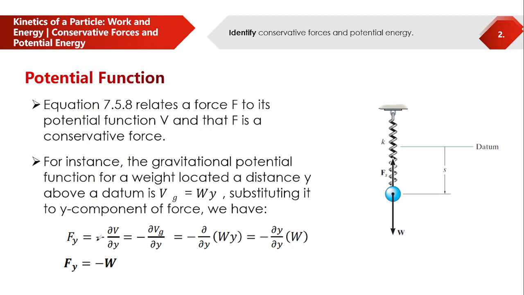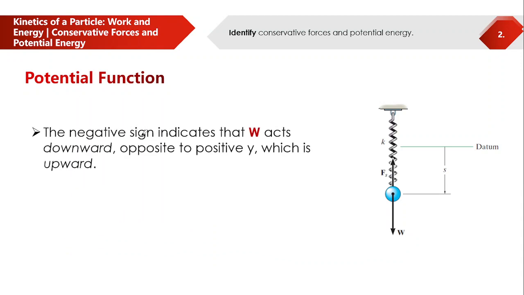So may iba din ito when we are talking about another potential function. Okay? For the weight, ito yung mangyayari sa kanya. So Fy is equals to negative W na lang. Okay? So the negative sign indicates that W acts downward, opposite to positive y, which is upward. Yung weight mo is pa-downward but your displacement is pa-upward.